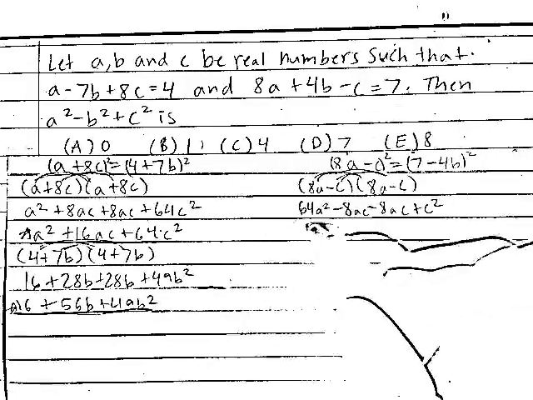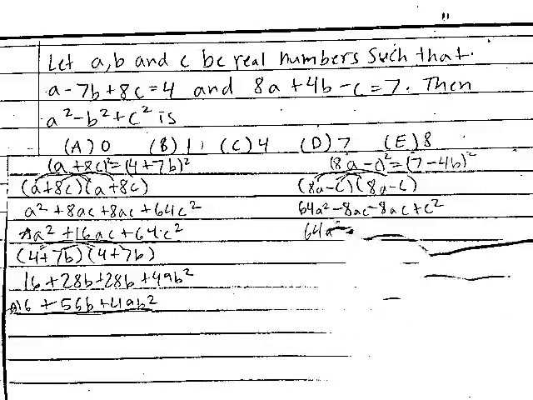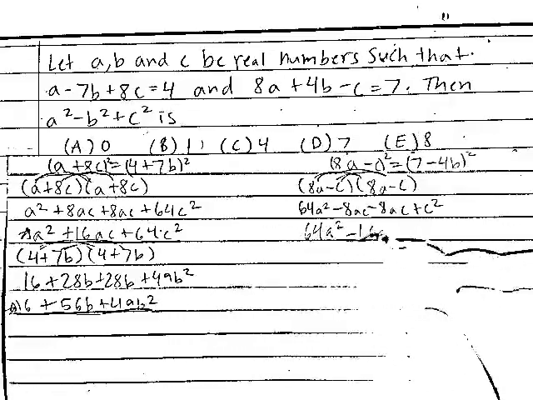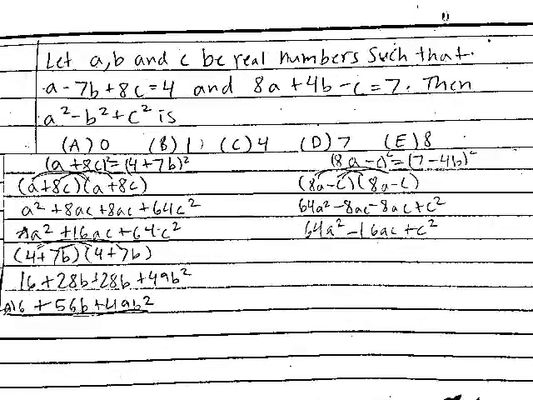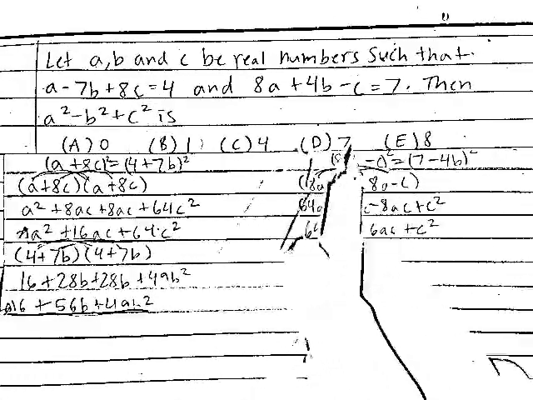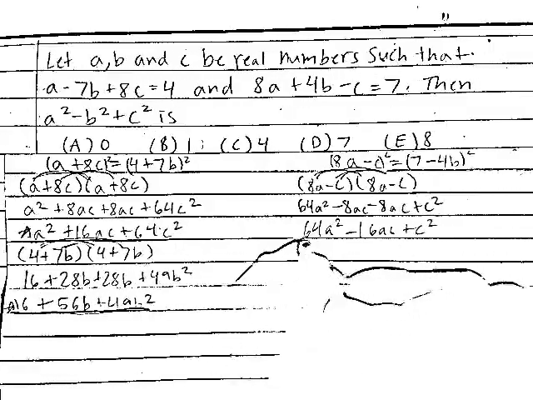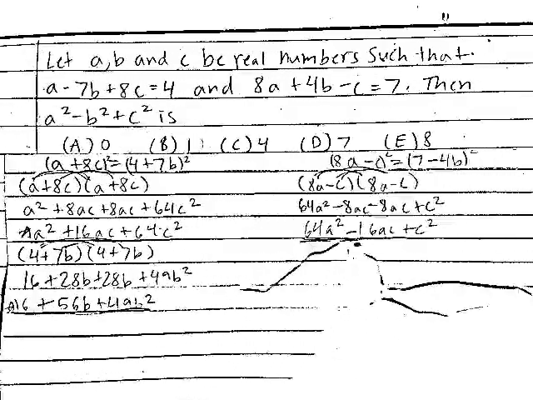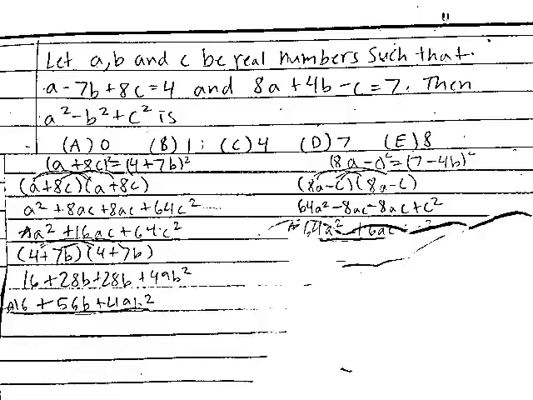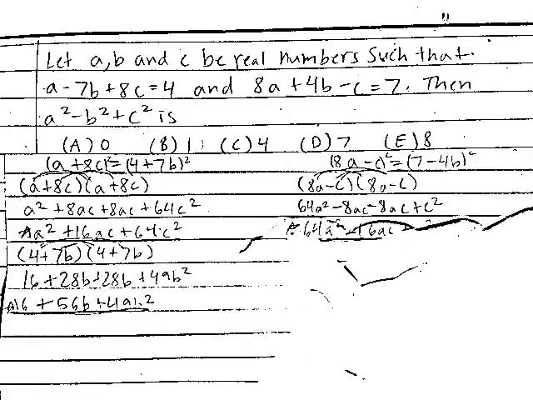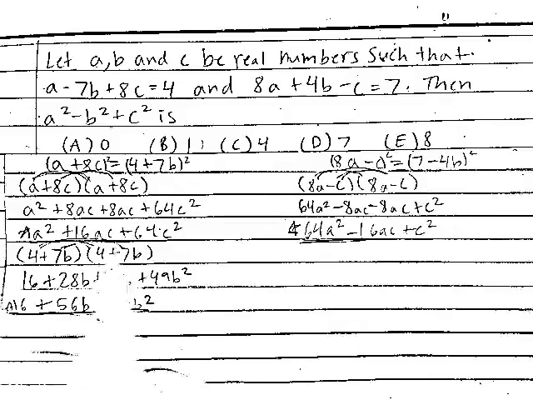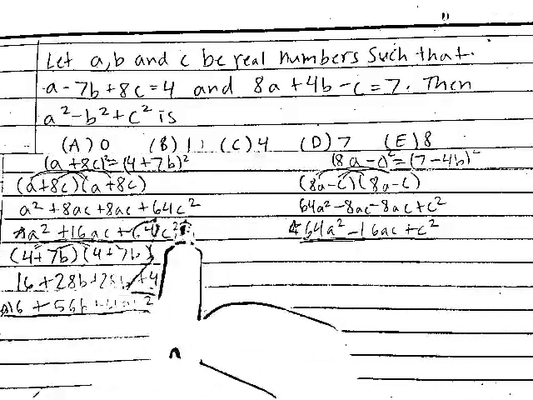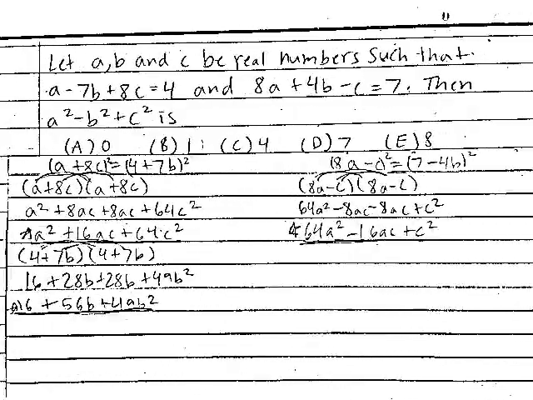Simplifying this, you would get 64a squared minus 16ac plus c squared. And that's equal to this. I'm going to make a triangle so you can see. Then these are stars because they equal each other.